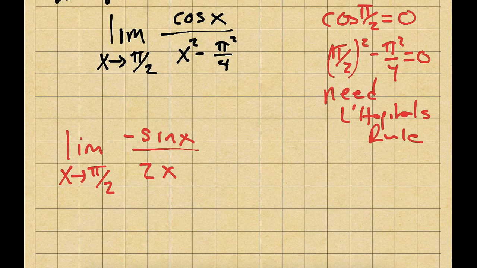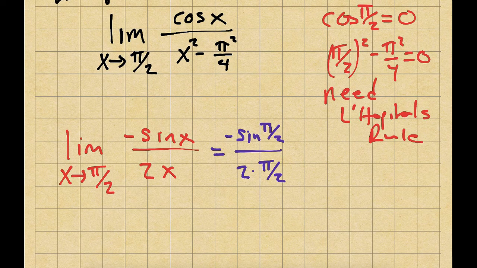So now we have this new limit. When we evaluate it, we're looking at the sine of pi over 2 divided by 2 times pi over 2.